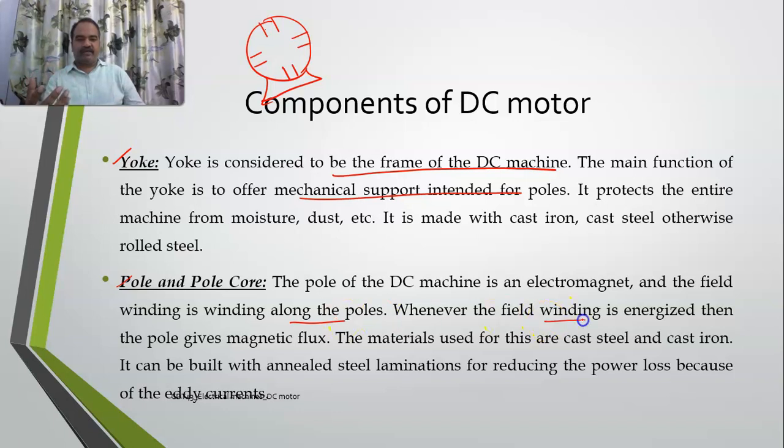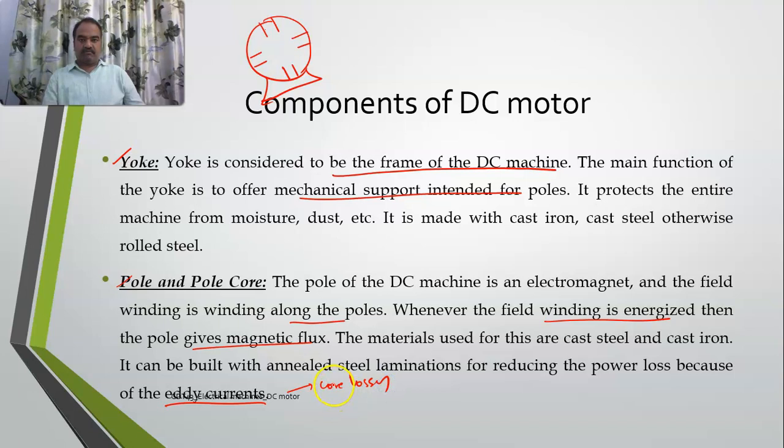So whenever the field winding is energized, the pole will give magnetic flux, and it is mainly made up of a ferromagnetic material. We generally use iron or steel. Generally, to reduce the losses, we laminate it, and this lamination is done to prevent core losses, or what we call eddy current losses. Okay, eddy current losses. These are core losses.